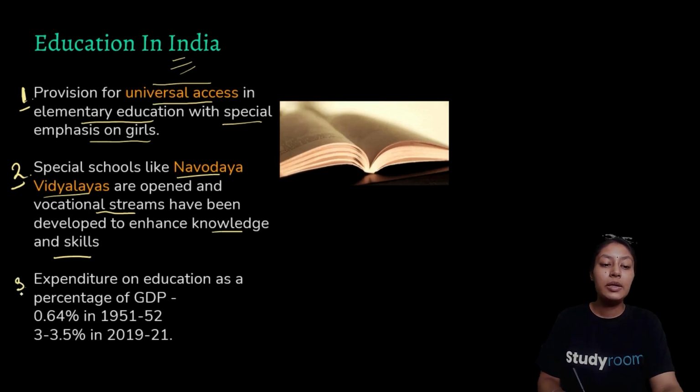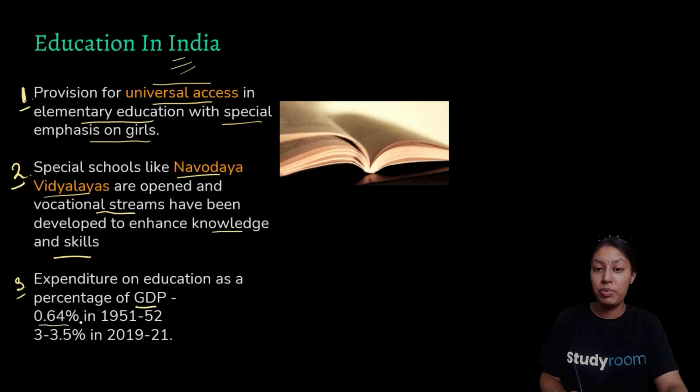Third point here. If we look at the expenditure on education as a percentage of GDP, in 1951-52 this was only 0.64%, which means education was not considered a very essential and important part of our country.